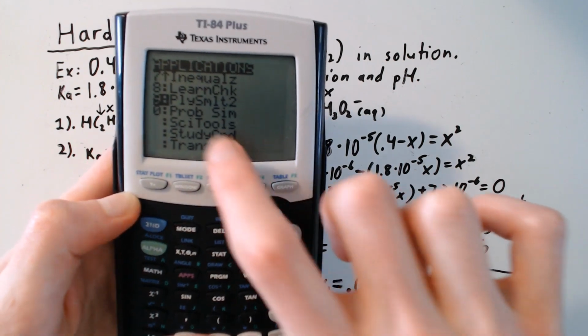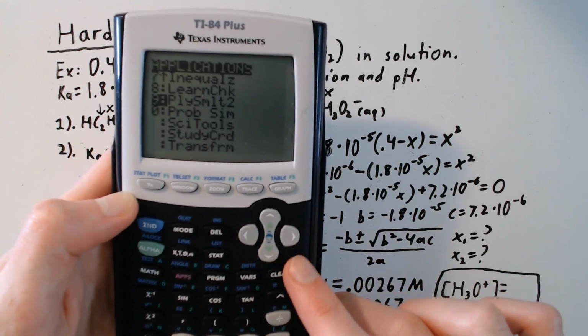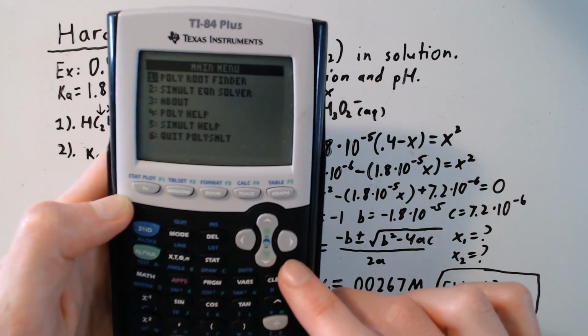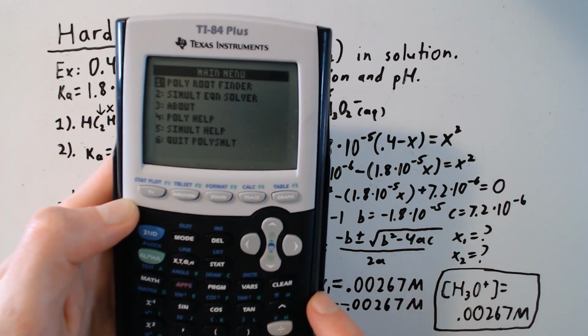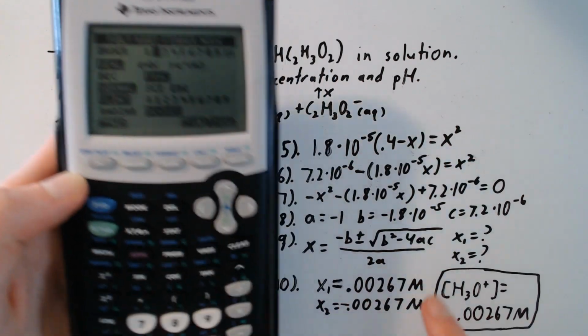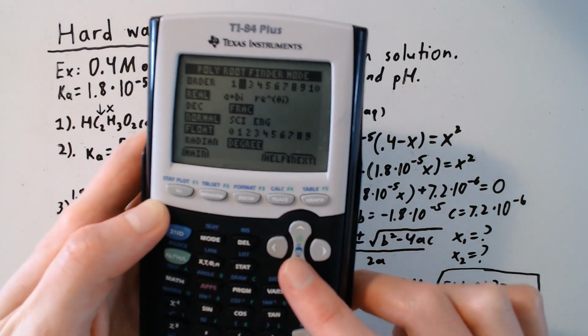It says polysimult, polynomial simulation 2. You click it, and then you click it again. Then you go to the first option, poly root finder. And you go to the second order. All of these problems are going to be second order because it's x squared. So you go second order.